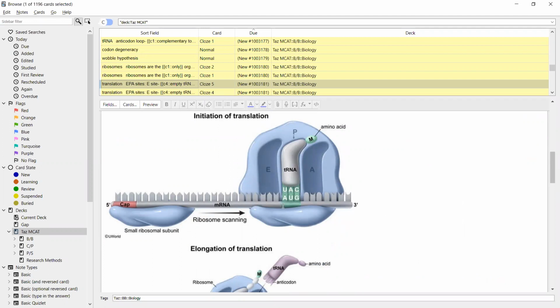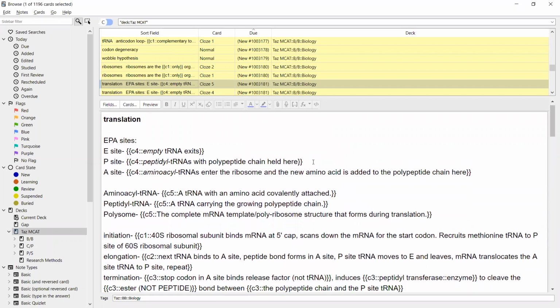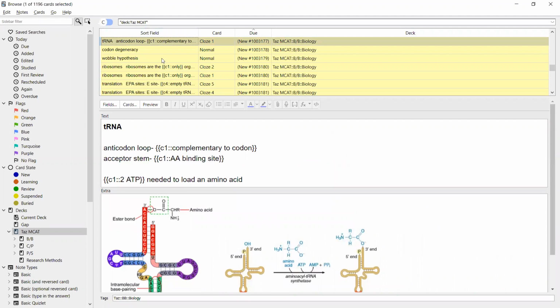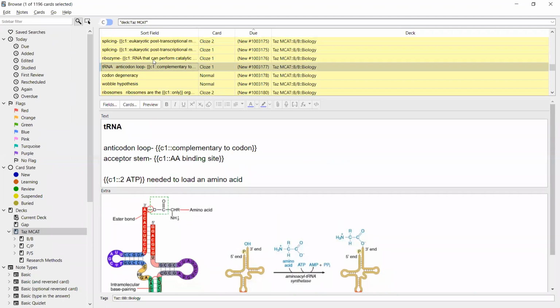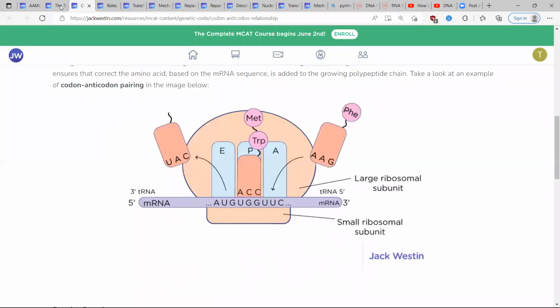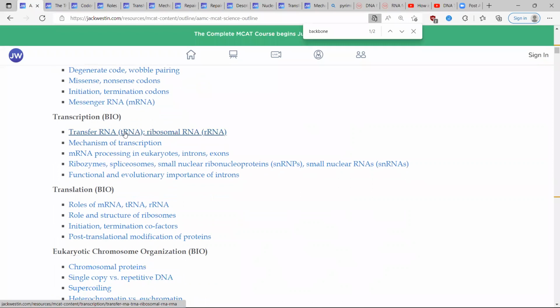We have the mRNA carrying our recipe that needs to be translated. And then we have something called tRNA. And tRNA is transfer RNA, I believe. Yeah, it's transfer RNA.